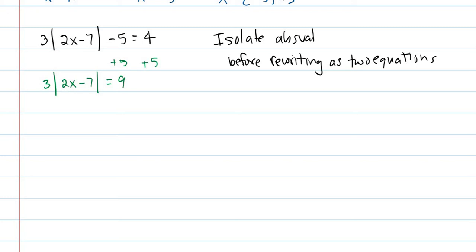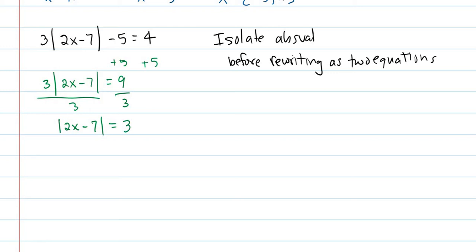And rather than distributing the 3 through the absolute value, we're going to divide by 3 on both sides, because we're going to keep working to isolate the x as much as possible. So now we have absolute value of 2x minus 7 equals 3.